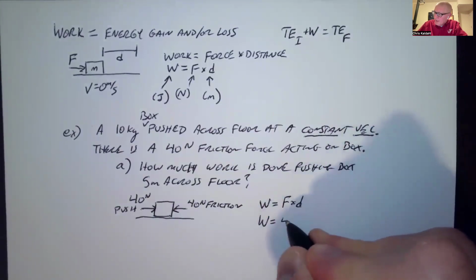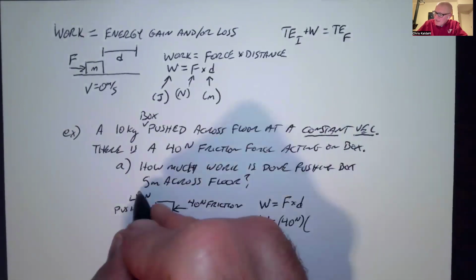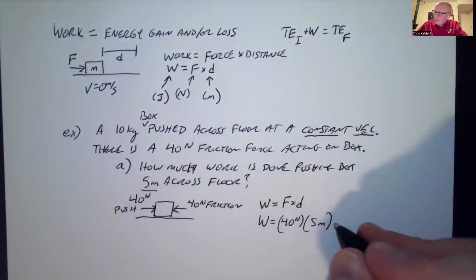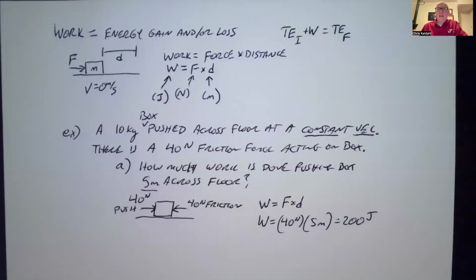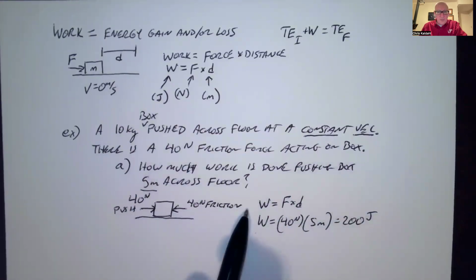We know that we're exerting a 40 Newton force over a distance of 5 meters. And that is going to be 200 joules. Now we could expand this just a little bit here. And that is what we do to push it across the floor 5 meters.